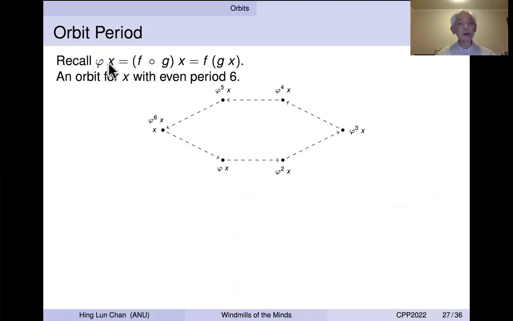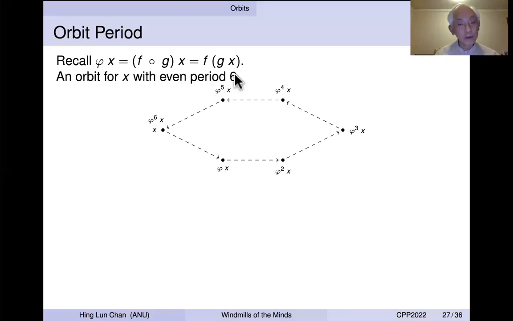This is just to make sure that we are on the same page. Phi is this composition of F and G. And we are going to consider an orbit of x. This orbit must have a period, and the period can be either even or odd. We shall consider two cases.